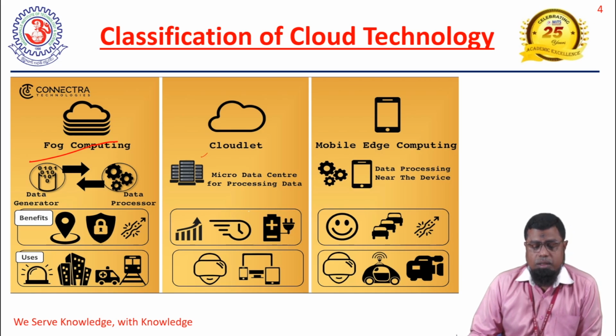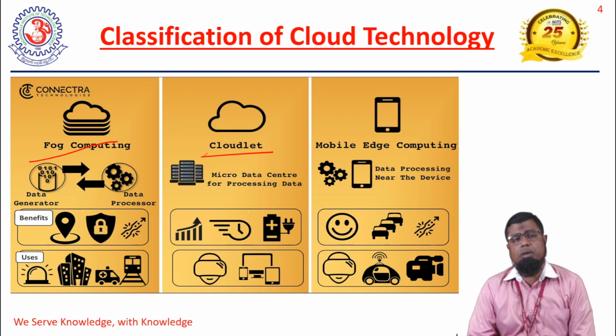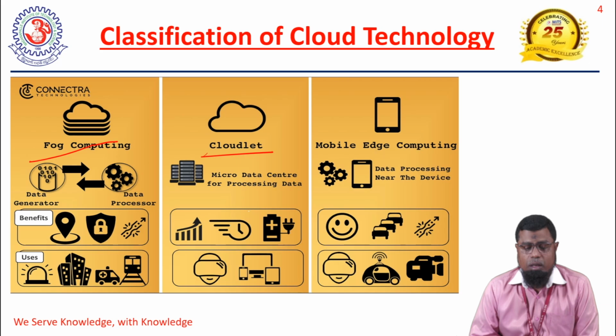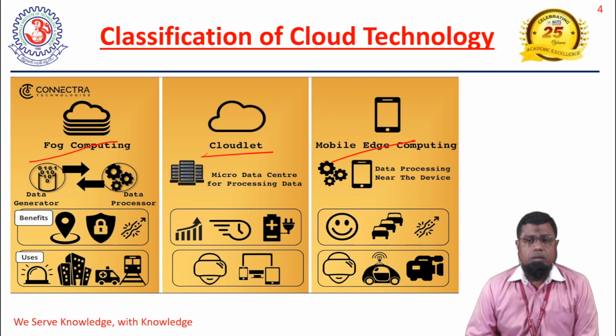And cloudlets. Cloudlets are nothing but dividing the cloud into smaller clouds, which we call cloudlets. And the third one is mobile edge computing. Mobile edge computing is edge computing which supports various devices with high mobility, so we call it mobile edge computing.